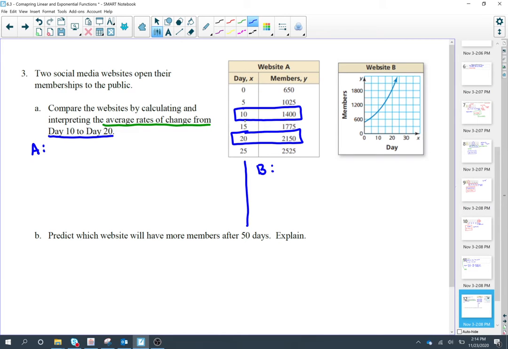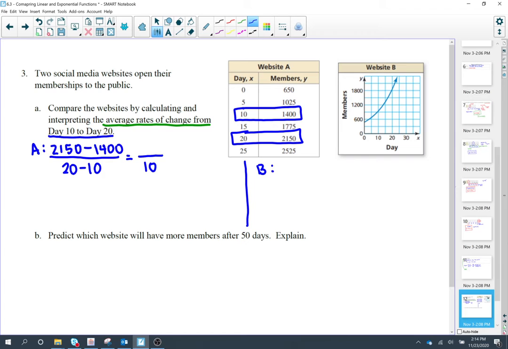I want to find the slope, or the average rate of change. How much did it change from day 10 to day 20? I'm going to take my y values, or my members, and find the difference: 2150 minus 1400, over my days, 20 minus 10. Essentially you're finding how many members per day. The change in days was 10 days.